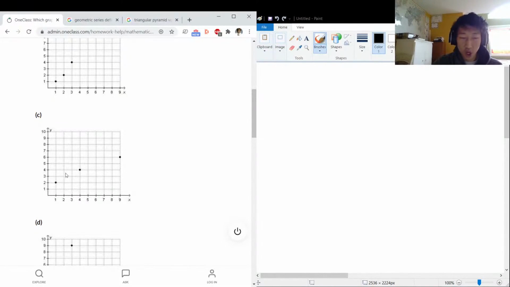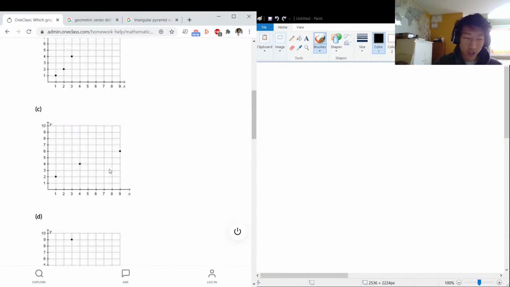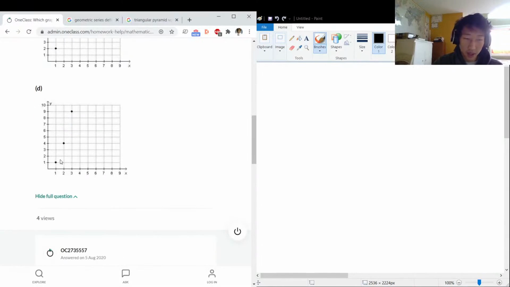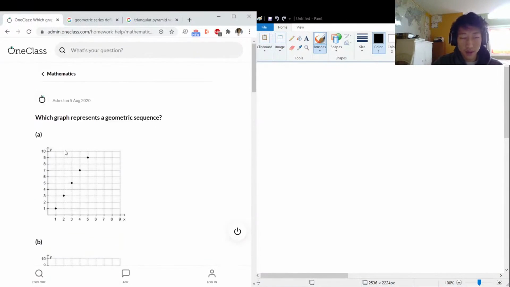It seems to be curving down. And this one follows a pretty curvy pattern as well. It looks to be kind of like a parabola. Okay, so to find which represents a geometric series, let's first figure out what a geometric series is.